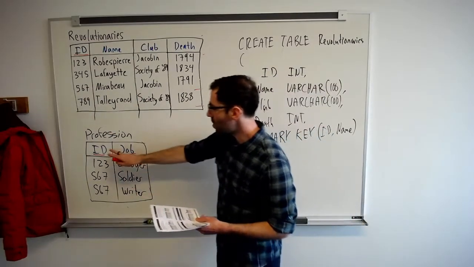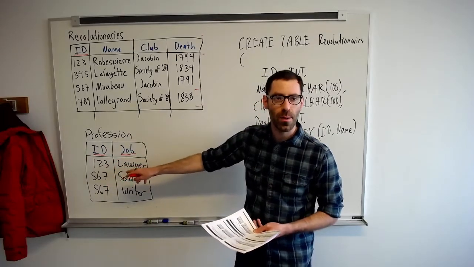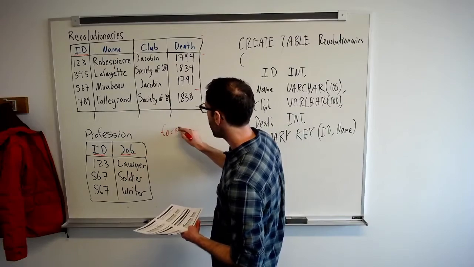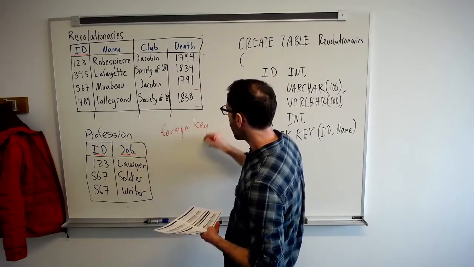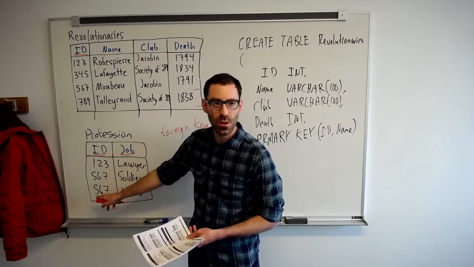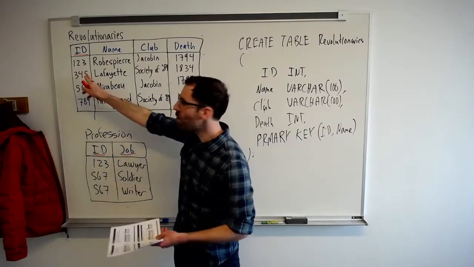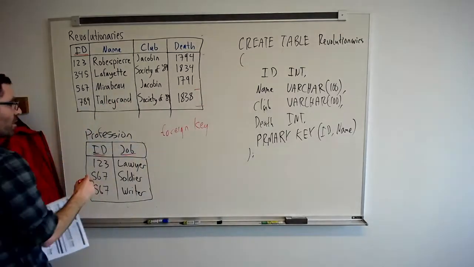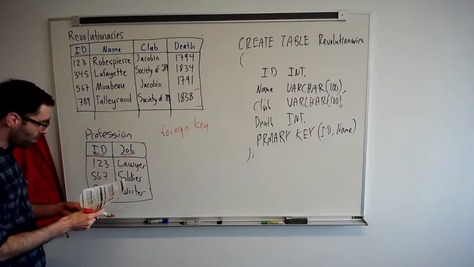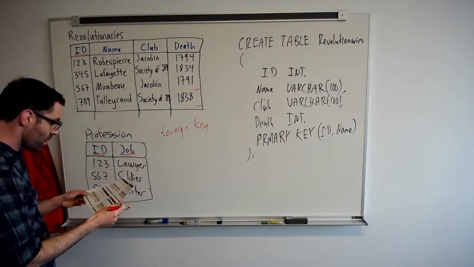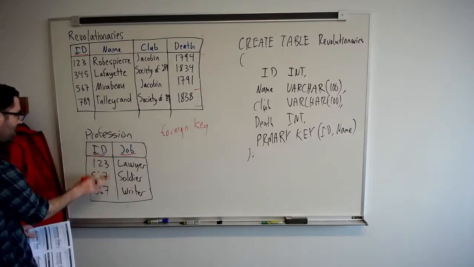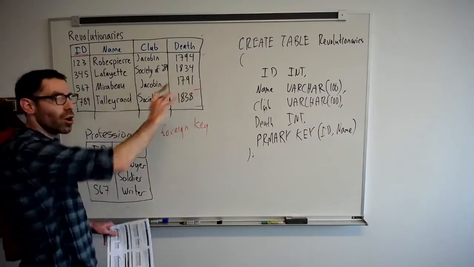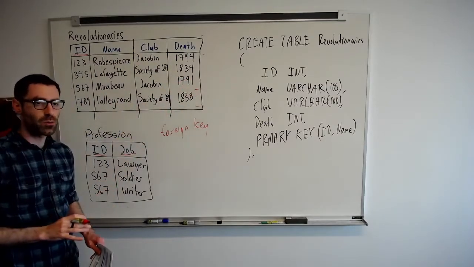And it's this relation, which you may remember from the last video, is called a foreign key, where we have an attribute in one table that refers to the primary keys of another table. And so in this case, the IDs in our profession table uniquely identify a tuple in our revolutionaries table.